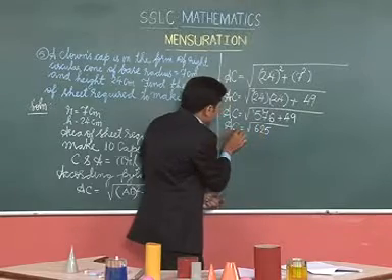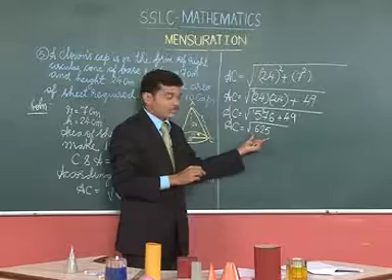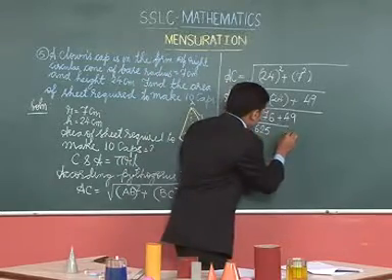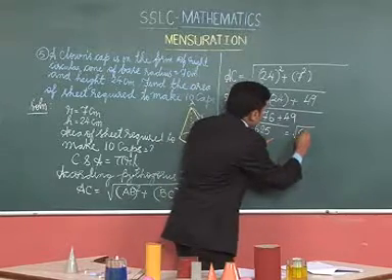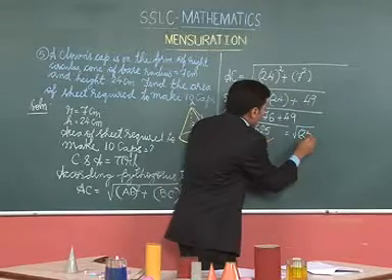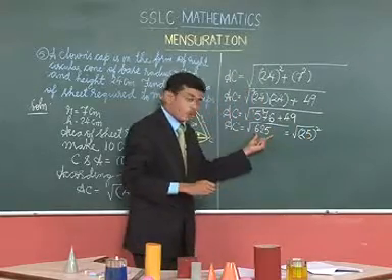So AC is equal to under root 625, which can be written as 25 square.